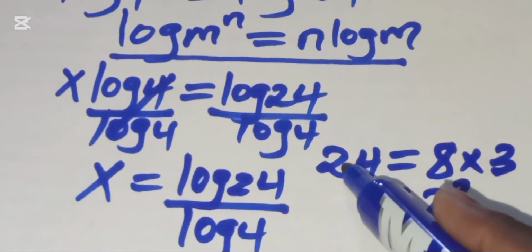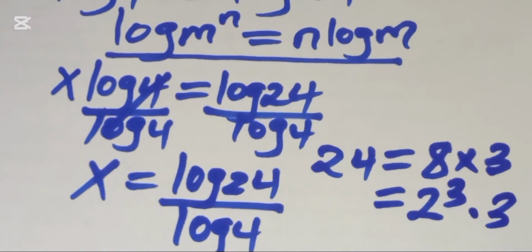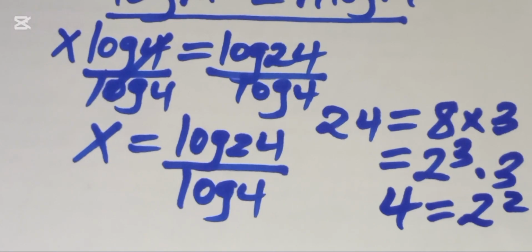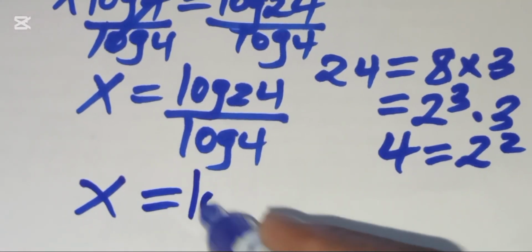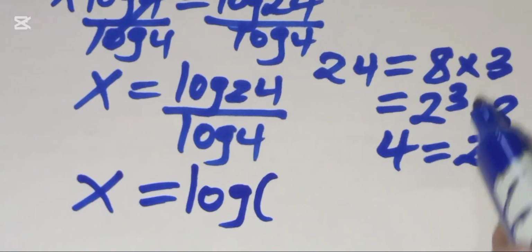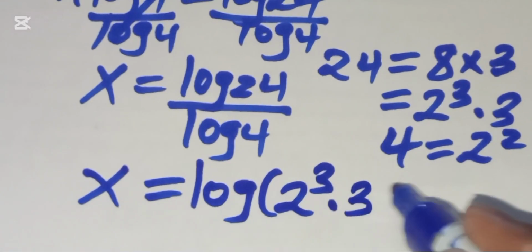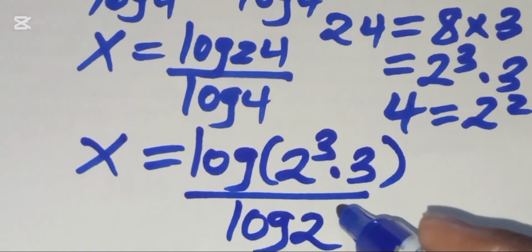That means 24 is the same thing as 2 raised to power 3 multiplied by 3. And we can also express 4 as 2 raised to power 2. This means that x is equal to log of 2 raised to power 3 multiplied by 3, divided by log 2 raised to power 2.